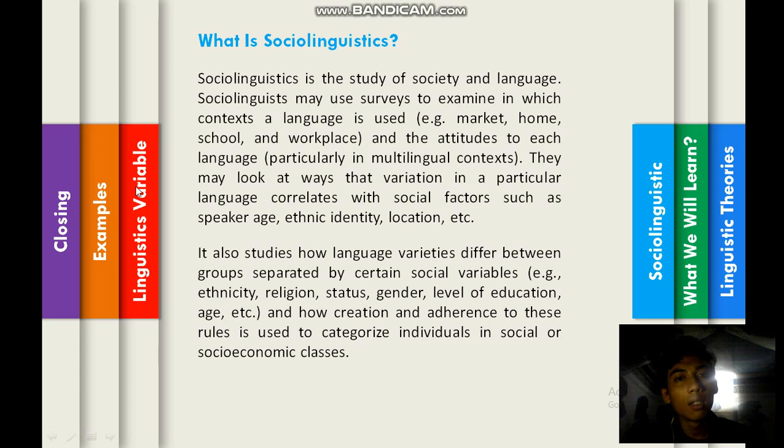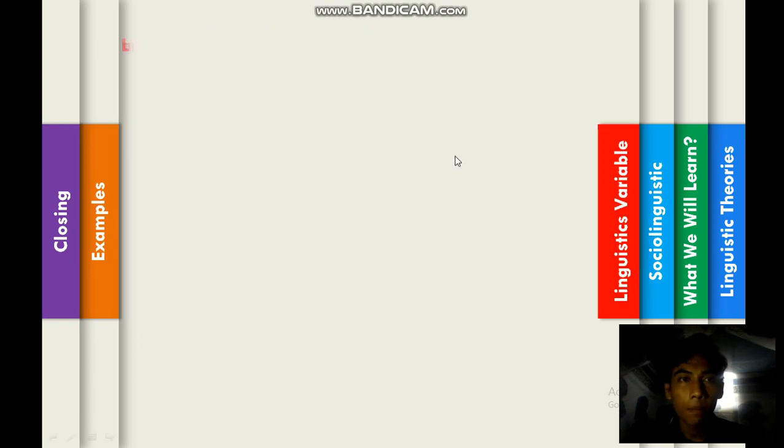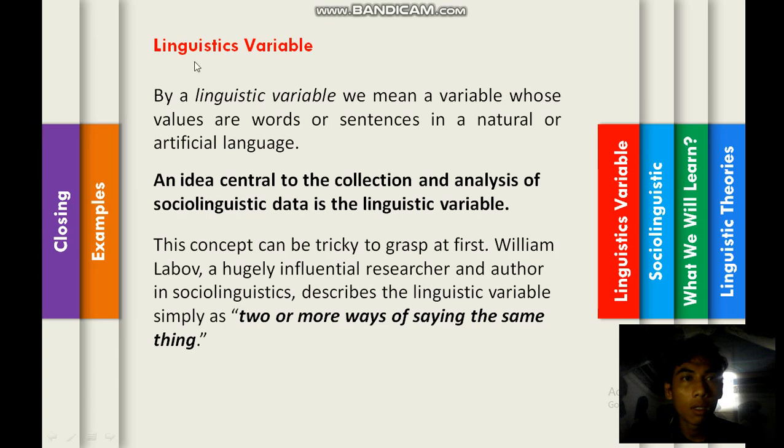So let's move to the main material, linguistic variable. By a linguistic variable, we mean a variable whose values are words or sentences in a natural or artificial language. An idea central to the collecting and analysis of sociolinguistic data is the linguistic variable.